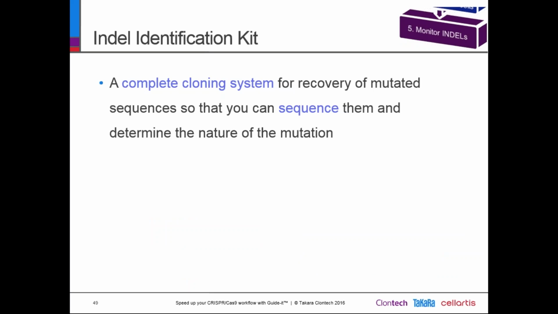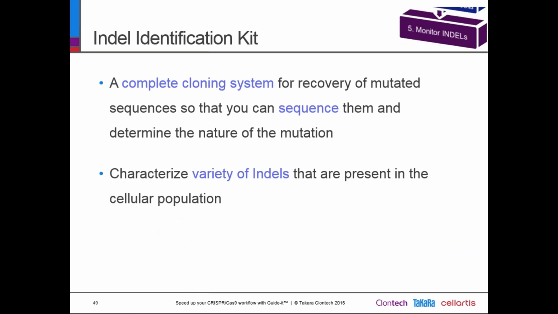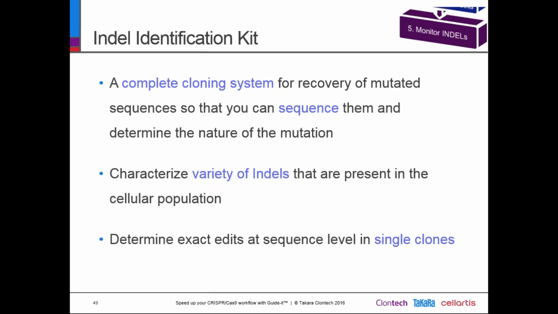So this kit is really a complete cloning system to recover the mutated sequences so that you can sequence them. This kit can be used either with a cell population to characterize the variety of indels which are present in your population, but also with single clones, and here then you can really determine the edits at the allelic level.